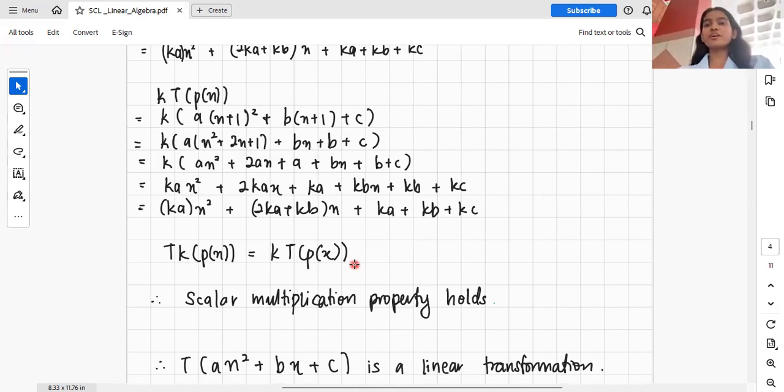Therefore, T(kP(x)) equals kT(P(x)), and the scalar multiplication property is satisfied. Therefore, T(ax squared plus bx plus c) is a linear transformation.